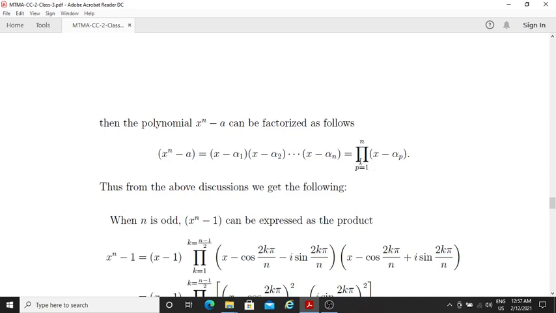If there are many things similar to each other, then it can be written in this fashion, where p is the running index and p runs from 1 to n. You keep on putting the values of p and keep on putting the factors: for p equals 1, (x minus alpha 1) into (x minus alpha 2) into (x minus alpha 3). This is similar to the summation notation, and this is called the product notation.